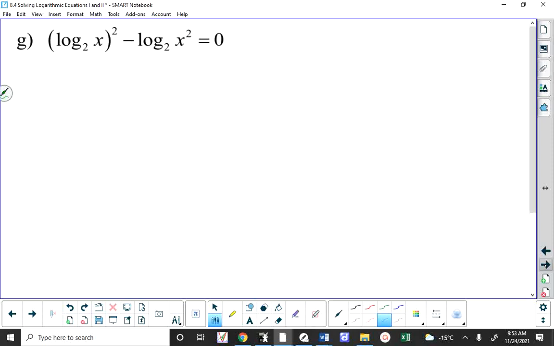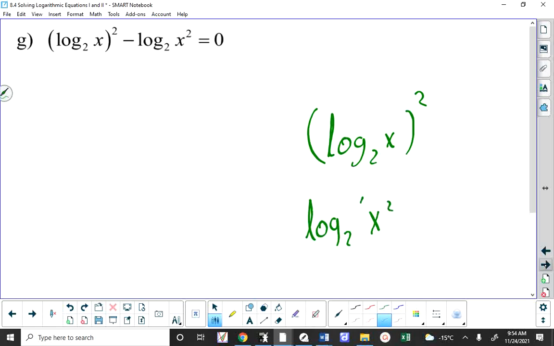No. Let me make sure you understand something here. In log base 2 of x, that's in brackets squared, this whole thing is squared. This means log base 2 of x times log base 2 of x. In log base 2 of x squared, even though the brackets aren't there, it's implied that the squared is on the x alone.